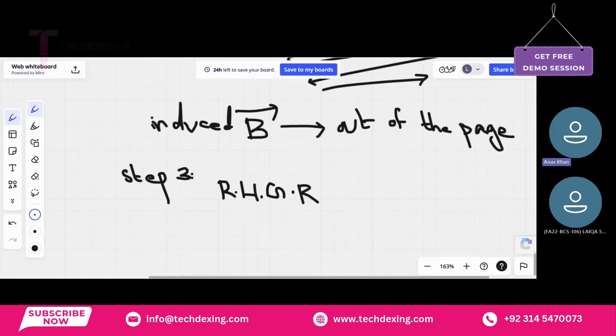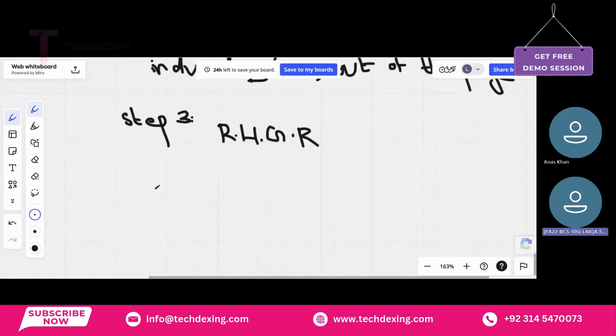When the field is into the page, you have to point your thumb towards the screen, away from you. And if it is out of the page, you have to point your thumb towards yourself. So it's anti-clockwise. Yes, very good. The direction of the induced current would be anti-clockwise.